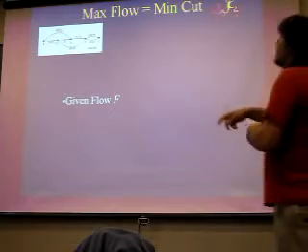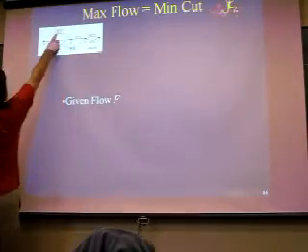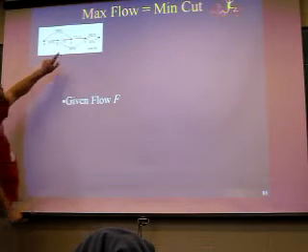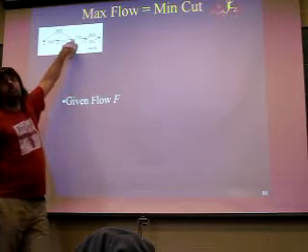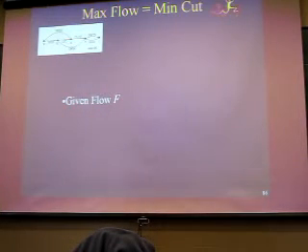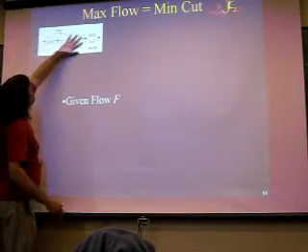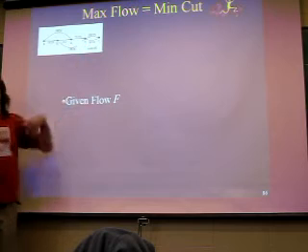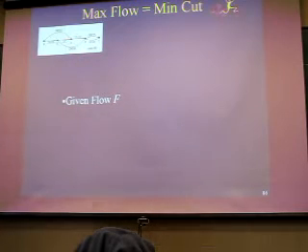So, for example, here we have a capacity of 20, and we have 19 currently going through it. It doesn't exceed the capacity. And two, you look at any node, water's not created or destroyed. The sum of what goes in here, 19 plus 2 is 21, equals the flow out. Flow in equals flow out.